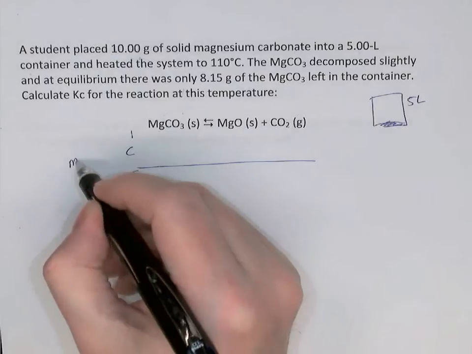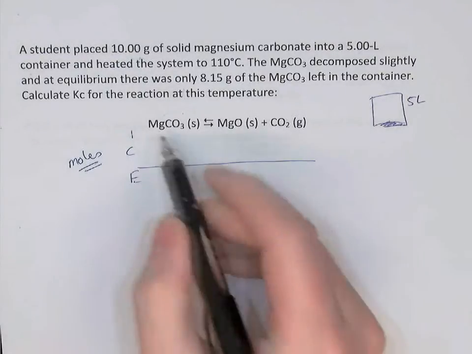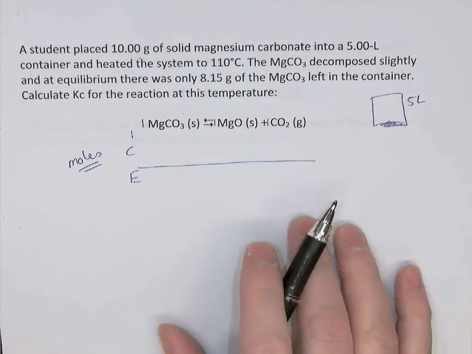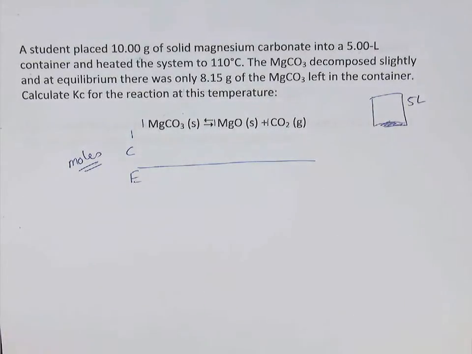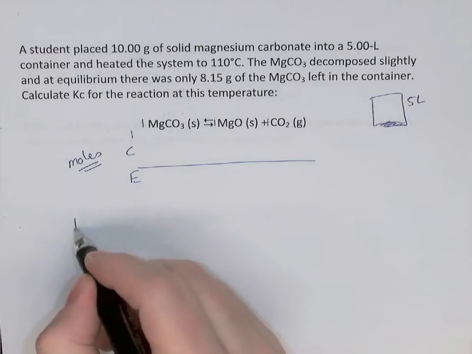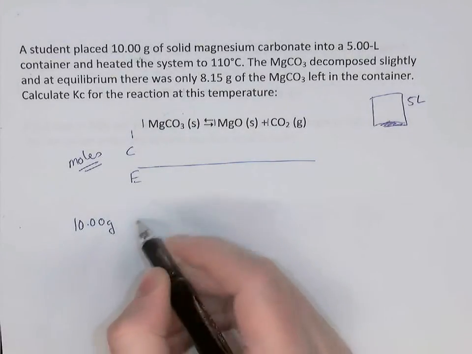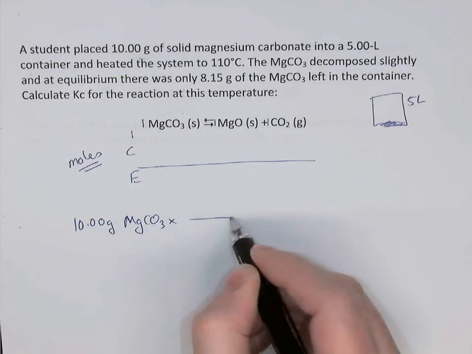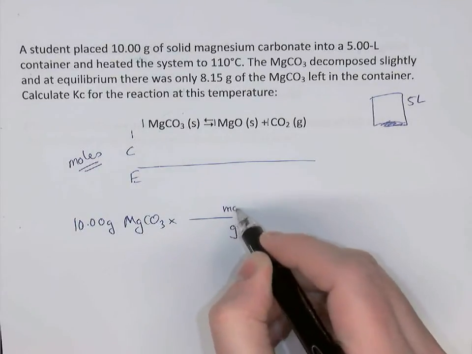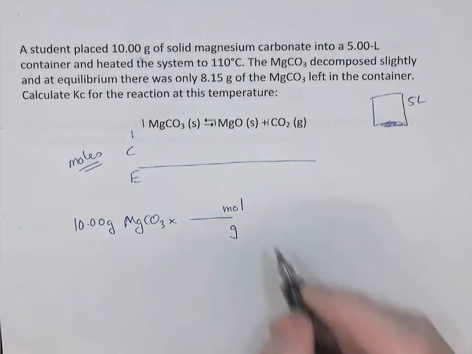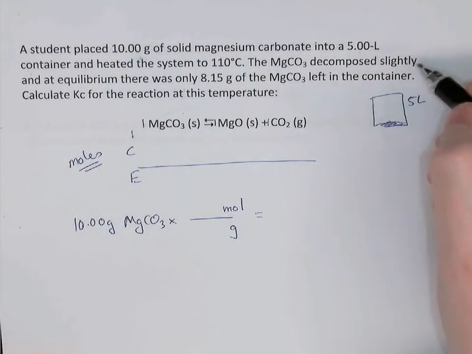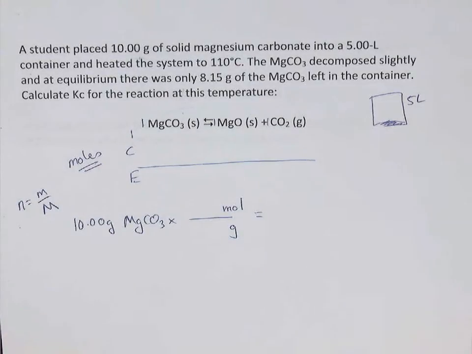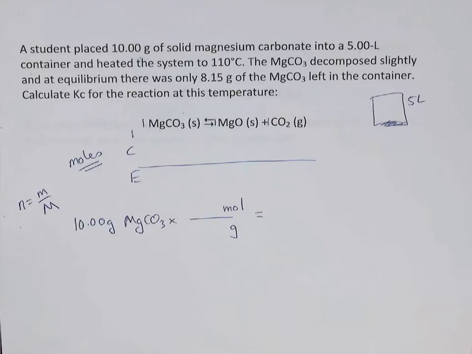In this question, I'm going to use moles, which is fine because the balanced equation is in terms of moles as well. So I can use moles in the table. If I take the 10 grams of magnesium carbonate and convert it to moles using the molar mass, or if you want to use your little formula, moles is mass divided by molar mass, that will also work here.